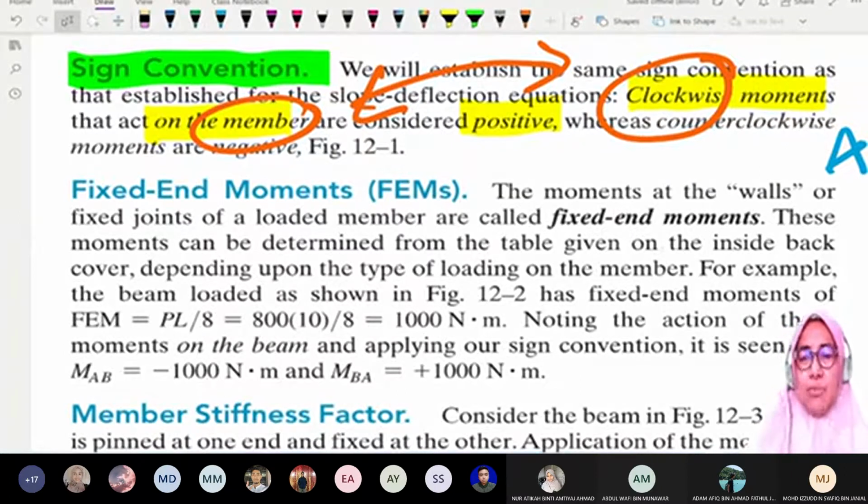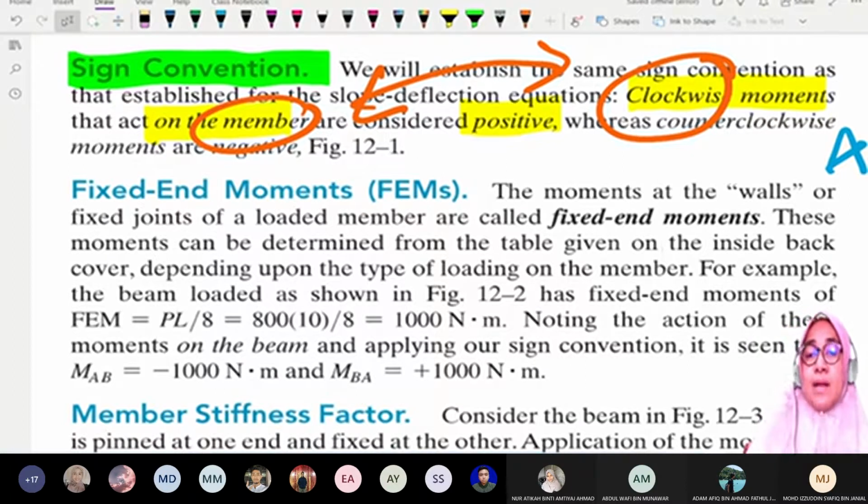And fixed end moment ni dia tak sama dengan member end moment, sebab fixed end moment, as I mentioned, the moment direction is based on behavior, the behavior due to loading, or the behavior due to settlement, due to delta.